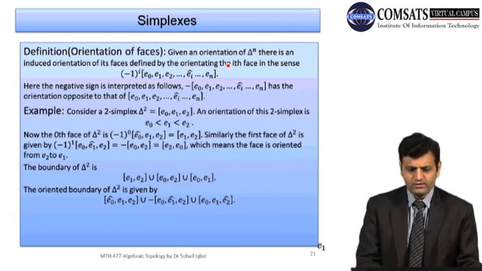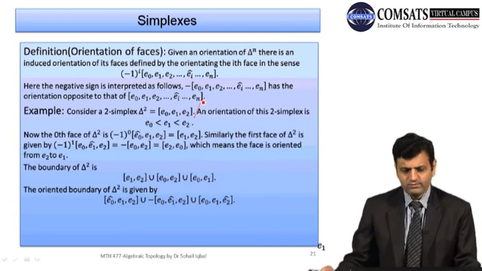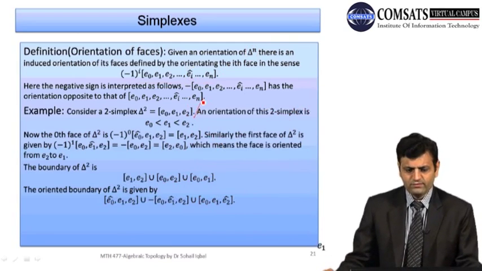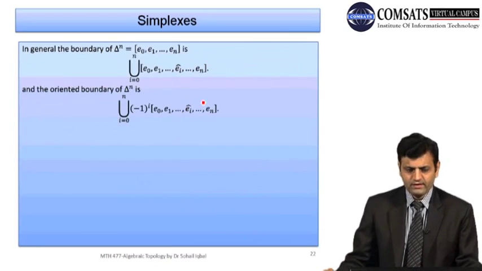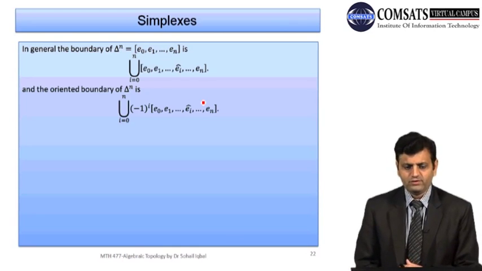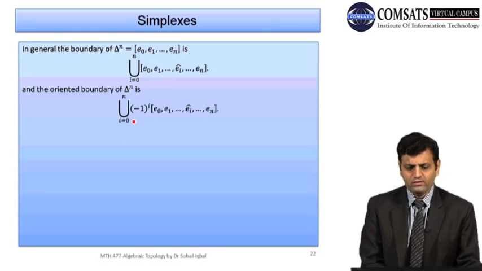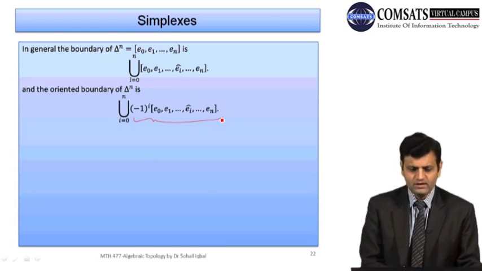In particular, we have already discussed this example of this two-simplex. So what about the boundary? The boundary is going to be the union of all these faces. Once again, let's consider the example of the standard two-simplex.